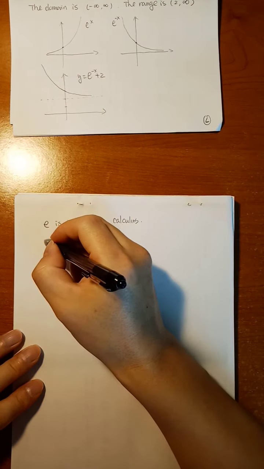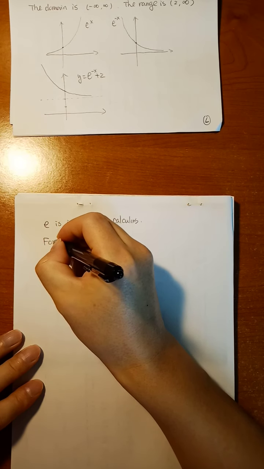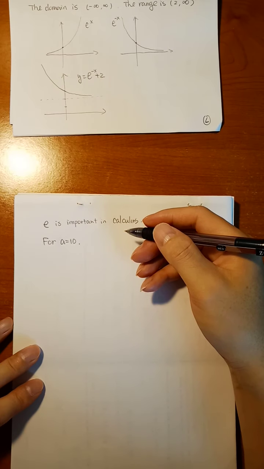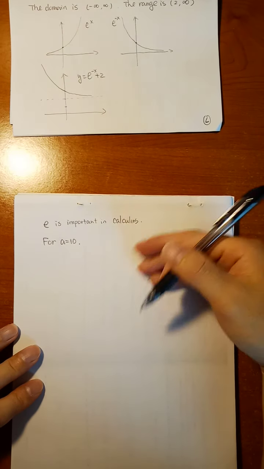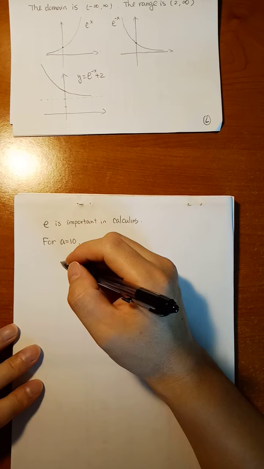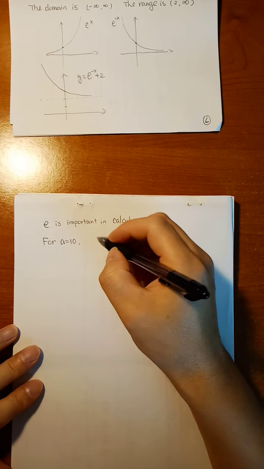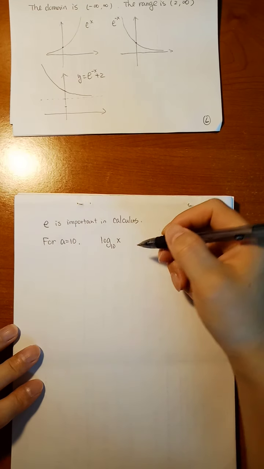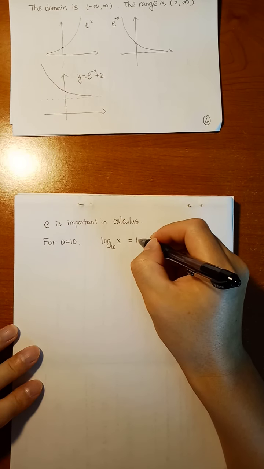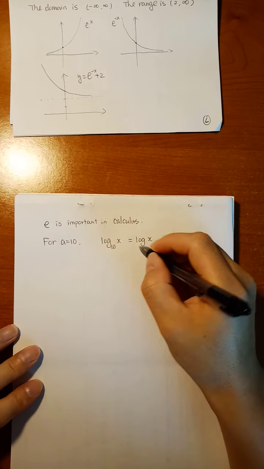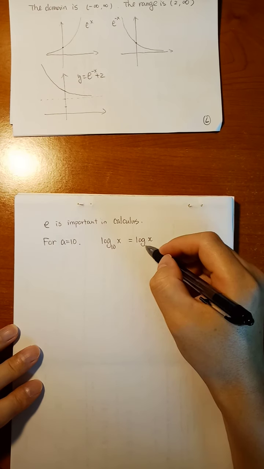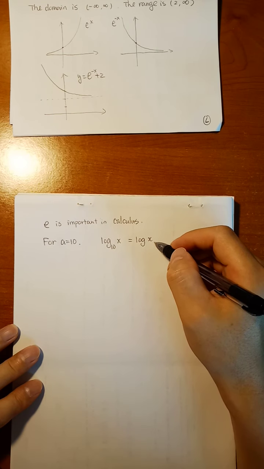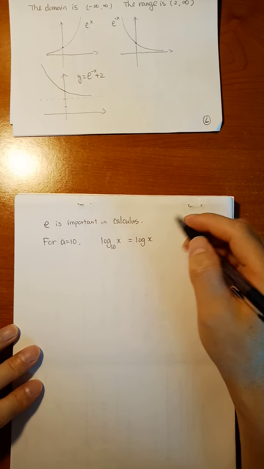So for a equal to 10, 10 is our unit, like 10 squared is 100, cubed is 1,000. For a equal to 10, the log base 10 of x, we just ignore the 10. When the base is 10, we just ignore it. And this logarithmic function is called the common logarithm function.